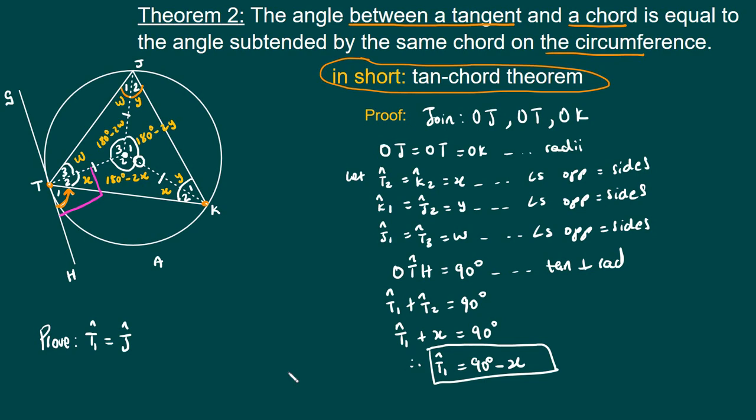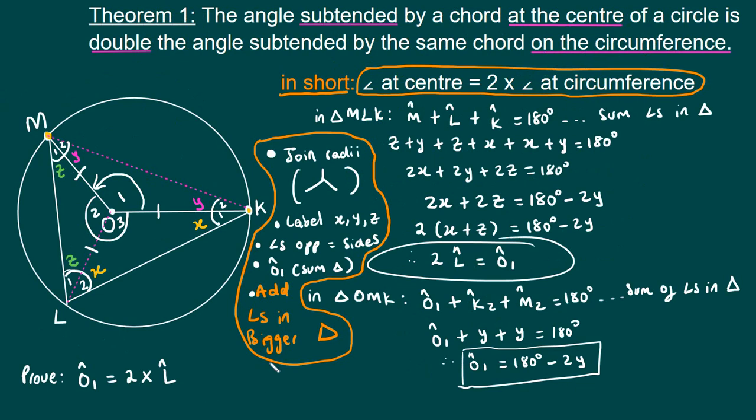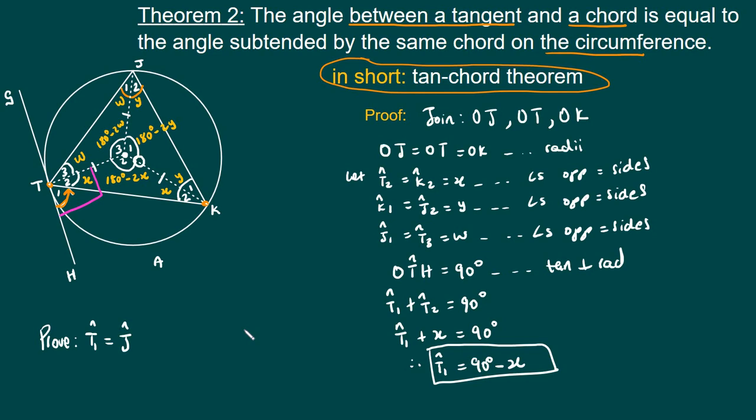Good. Now what is the next step? The next step is to get the expression for J. And how do we do that? If you remember for the previous theorem, for us to get angle L, we added the angles in the triangle, the Mercedes-Benz triangle. That is exactly the same thing we're going to do here, good people.